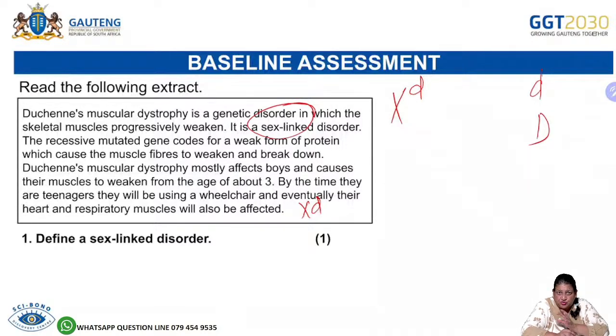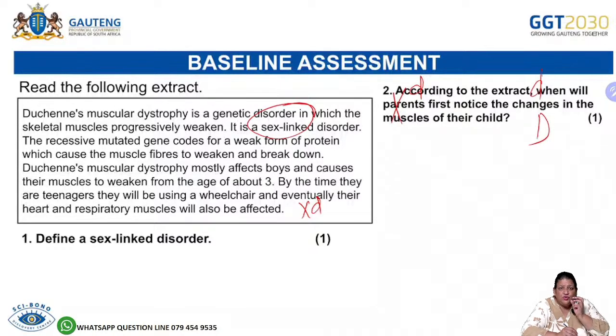Don't just browse through it. Define a sex-linked disorder. What is it? It is when there is a genetic mutation on the X chromosome of the sex chromosomes. So what's a sex-linked disorder? It is when you have a gene mutation on the X chromosome of your gonosomes, then it's going to become a sex-linked disorder.